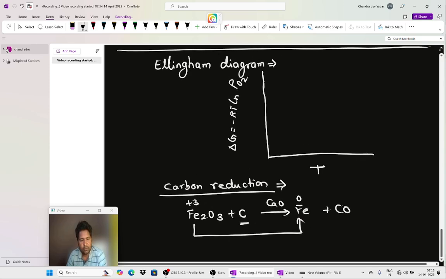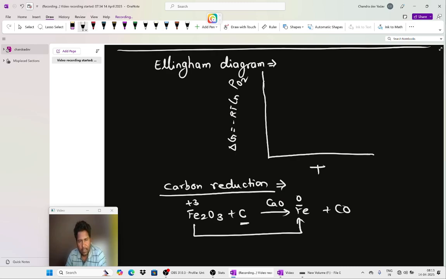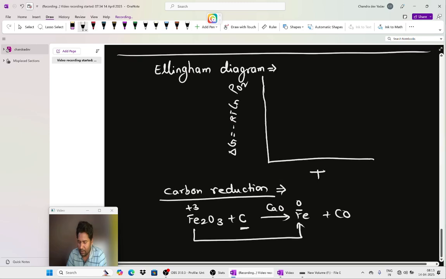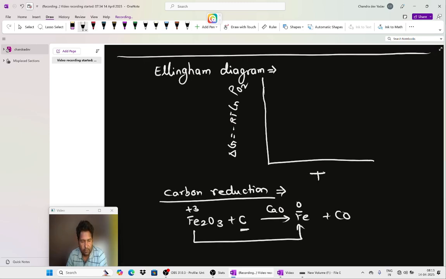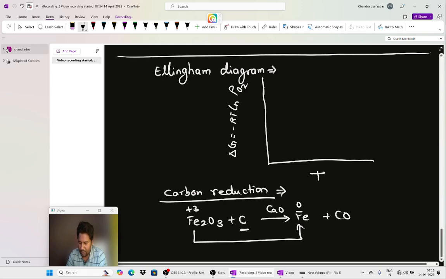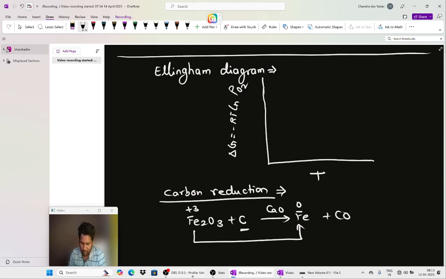We will discuss this in the next lecture, the Ellingham diagram and temperature-based spontaneity, meaning the role of temperature in changing the spontaneity or non-spontaneity of the process by G.